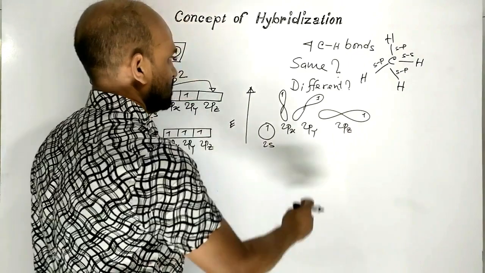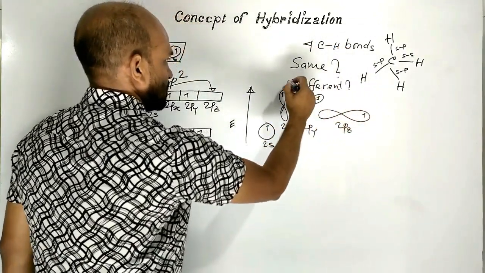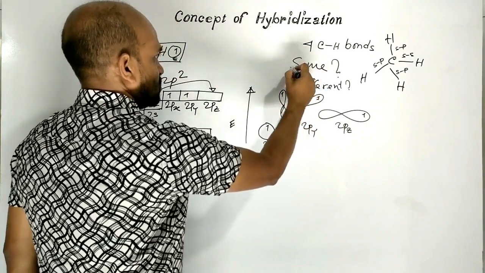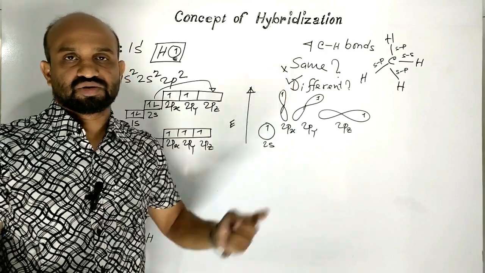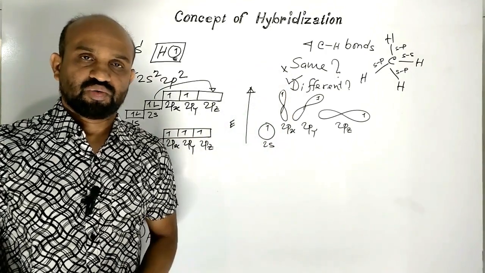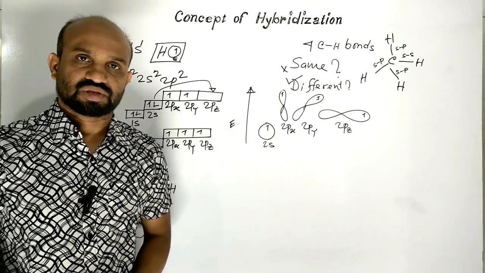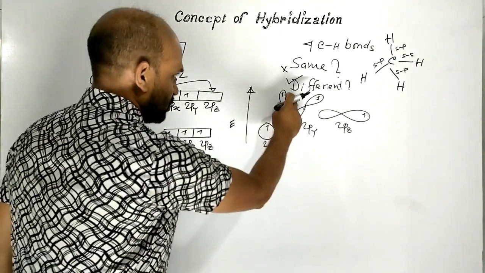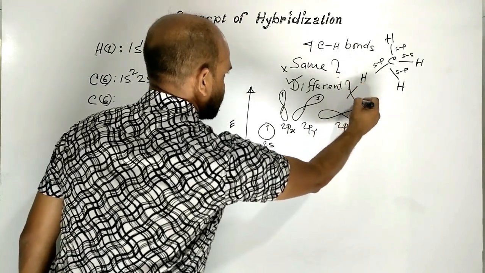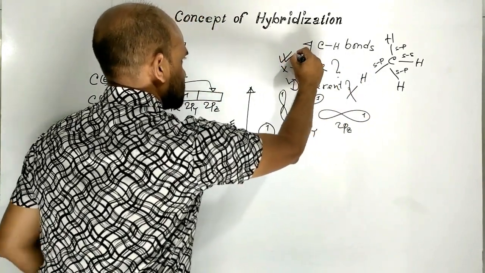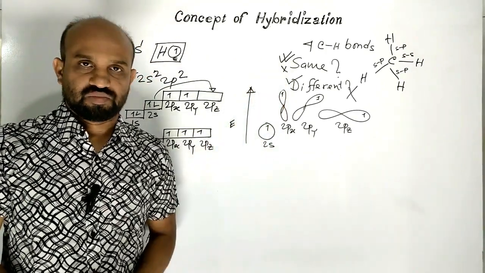That is, the four carbon-hydrogen bonds in methane are different. This is the first question solved. But actually, these four bonds are not different. They are actually the same. The four bonds of methane are the same.